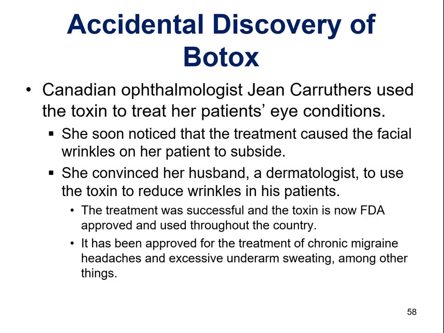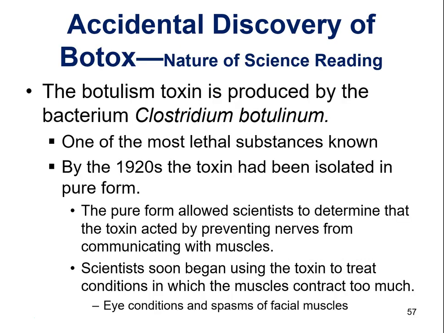It's also now used a lot to treat chronic migraine headaches. Also excessive underarm sweating, okay? The only thing is you have to have multiple injections, right? So that it sort of wears off, and every 6 months or so, you have to be injected again. All right, so anyway, obviously it involves the muscular system. Also, I think it's an interesting story because this is a lot of times how things work in science, right?